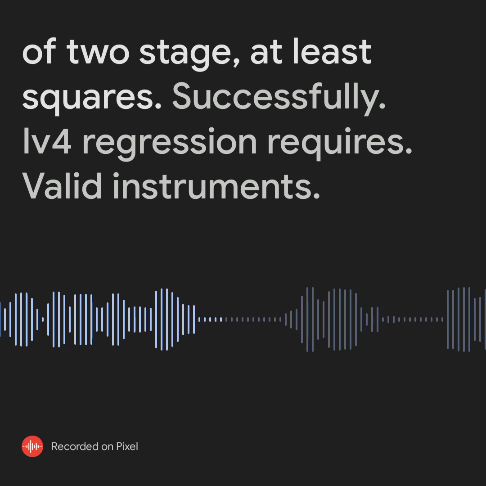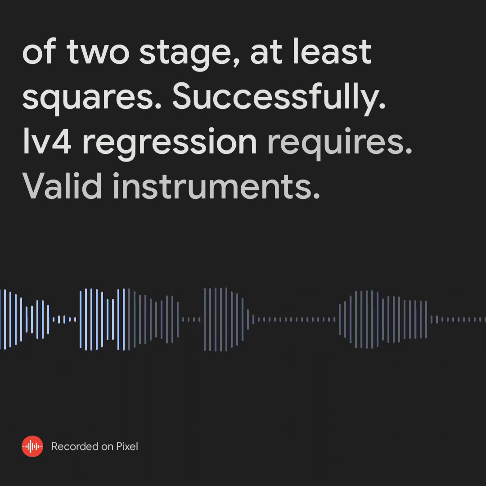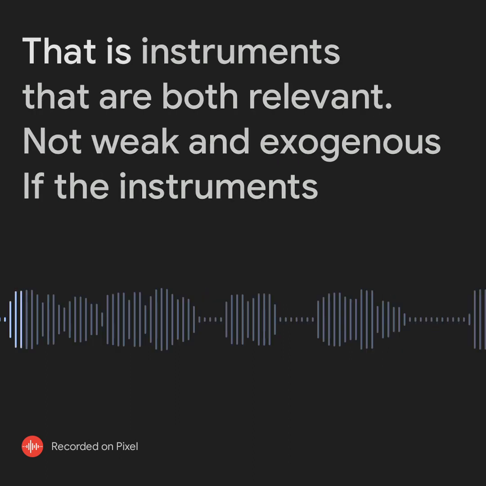least squares. Successful IV regression requires valid instruments, that is, instruments that are both relevant, not weak, and exogenous.